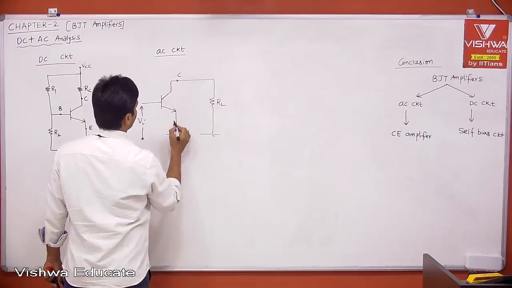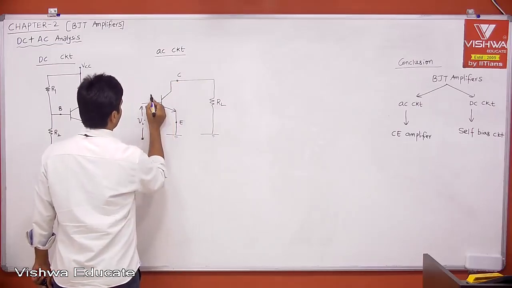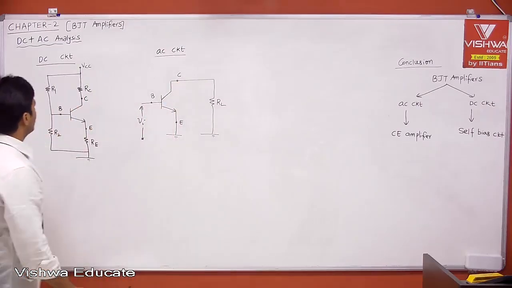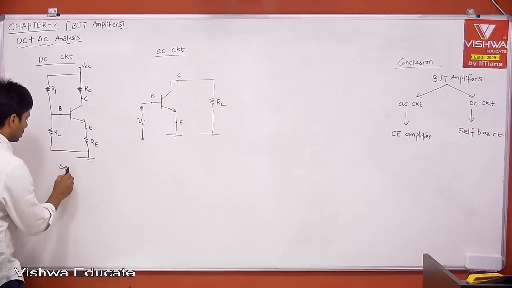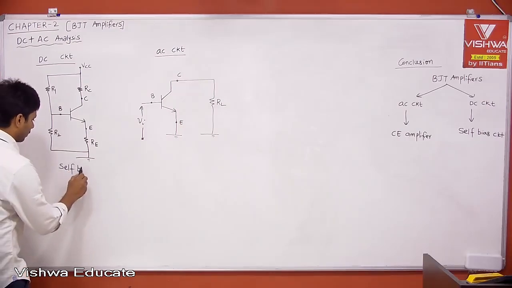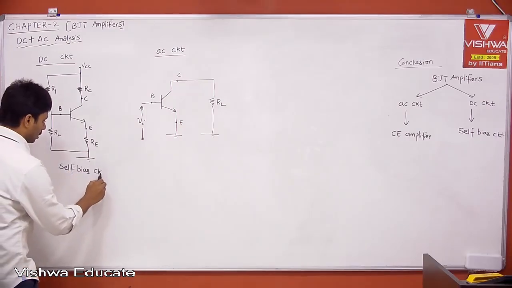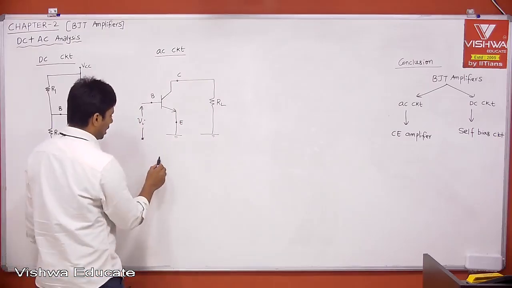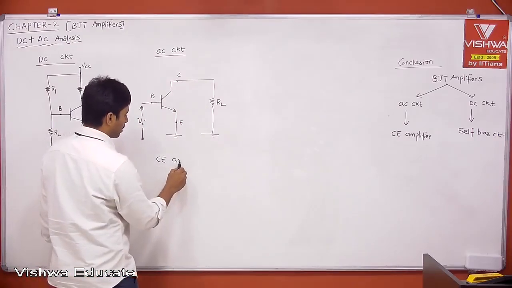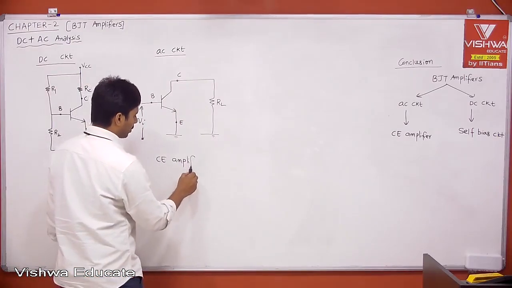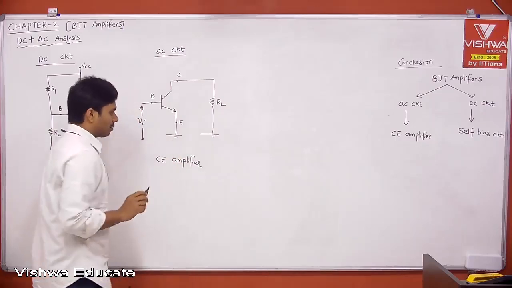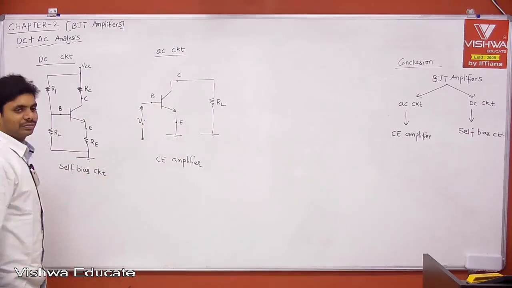Therefore, this is collector, emitter, base. Basically, this is our self-bias circuit, and this is the CE amplifier from AC analysis, common emitter configuration. Now let me combine these two.